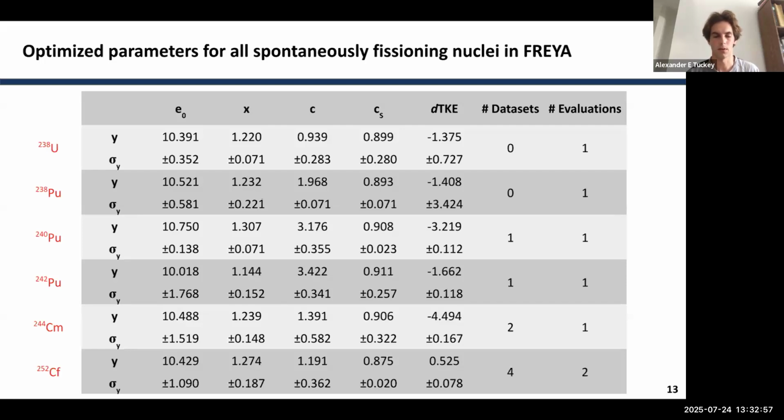So for a nucleus like Californium, where we have 4 data sets and 2 evaluations, the Freya parameters are better constrained than, say, in the case of plutonium-238, where we only had 1 evaluation to work with.